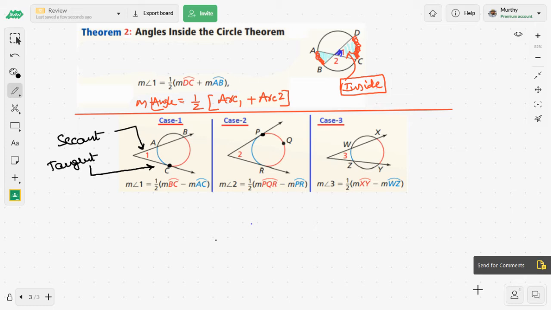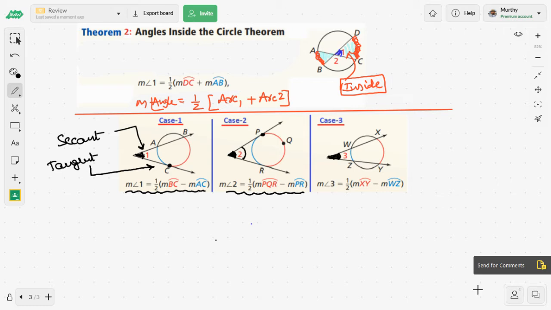Please notice that the rule remains the same. The measure of the external angle, let it be angle 1, angle 2, or angle 3, in all these three cases is formed outside the circle.